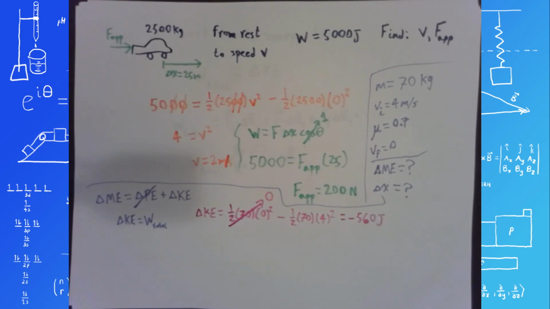Second part, what is the displacement? And come to think of it, do we even need the coefficient of friction here? No, we don't. Unless we're being asked to calculate the force, which we're not, then we're fine. We don't even need that friction coefficient.